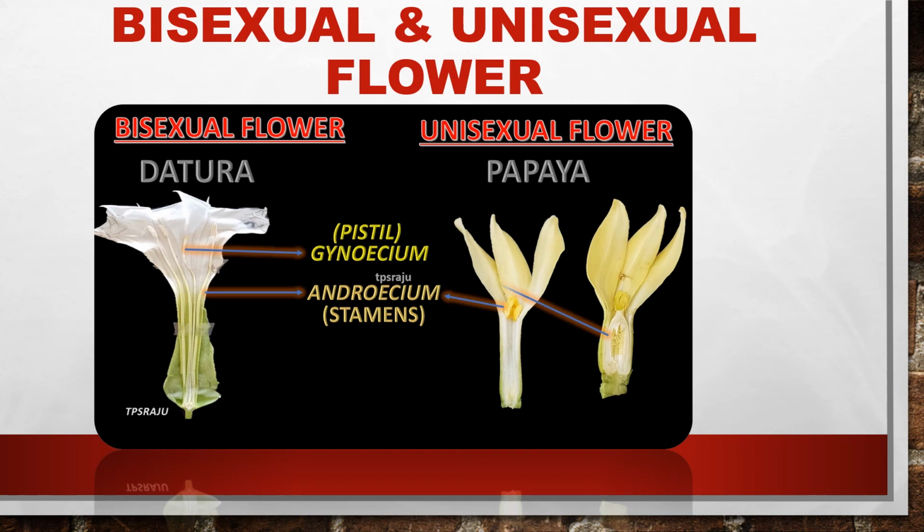In bisexual flower, both the male and female reproductive parts will be present in the same flower. But in case of unisexual flower, either gynoecium or androecium is present in a single flower. That means there will be a male flower and a female flower in case of unisexual flower. An example of unisexual flower is papaya and an example of bisexual flower is datura.